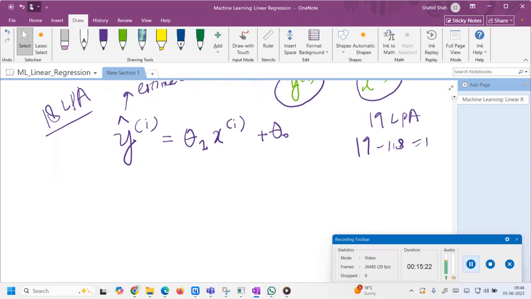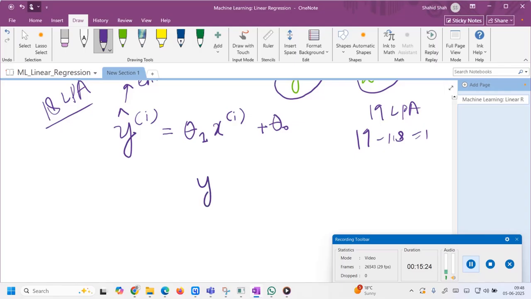So let's define the error here. The error is y hat of i minus y of i. For various reasons which I have already told you during the optimization class, because of convexity and other issues, we would like to take its square rather than just the difference. Now this is the error when you are estimating the average CTC for one student. What is the average error?